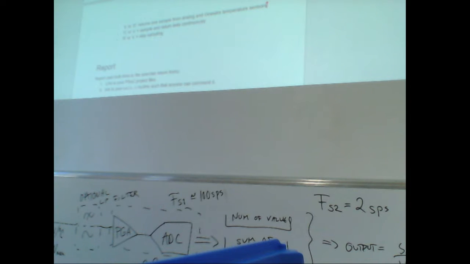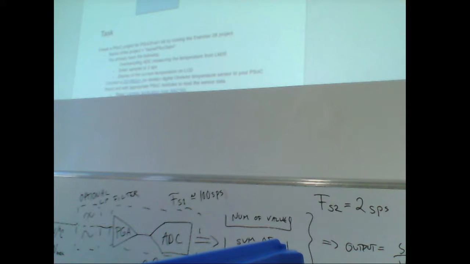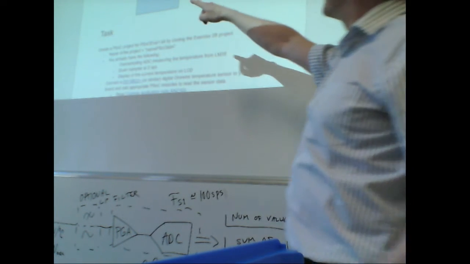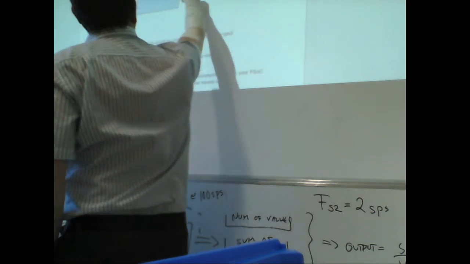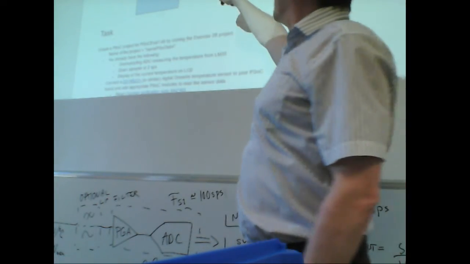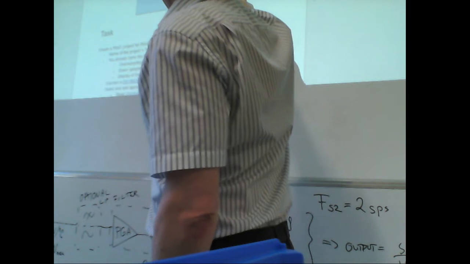That's today's exercise. So we have a Onewire sensor and the analog sensor, and then basically send that one to the LCD and USB serial port.